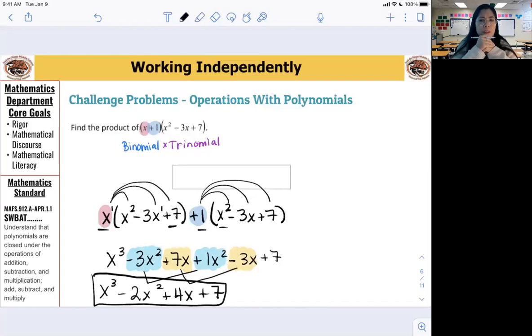So how do we feel about this? Do I have questions on this problem? Somebody was asking me, why did I put a plus on the 1x right here? Can anyone answer that question?